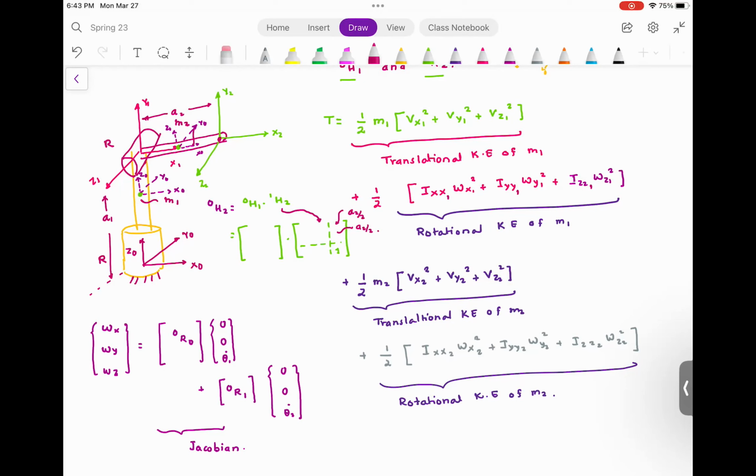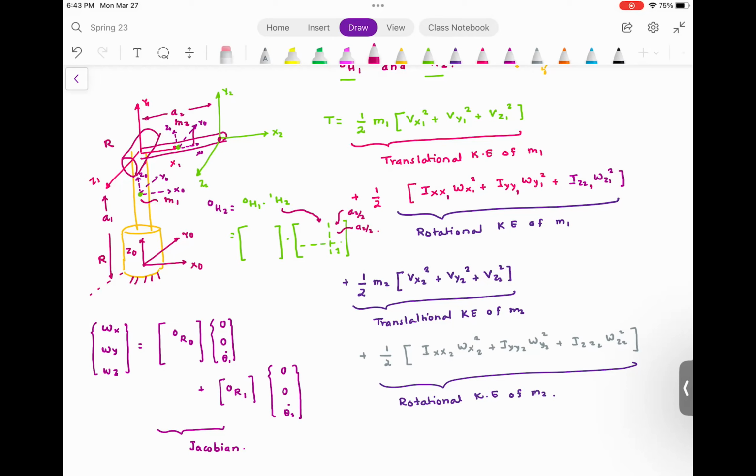So this is a diagonal matrix. Omega x is equal to 0, omega y is equal to 0, omega z is equal to theta 1 dot. Remember that link only has angular velocity in the theta direction. The link does not rotate in x, the link does not rotate in y. Are you with me so far? It only has angular velocity in the z direction.